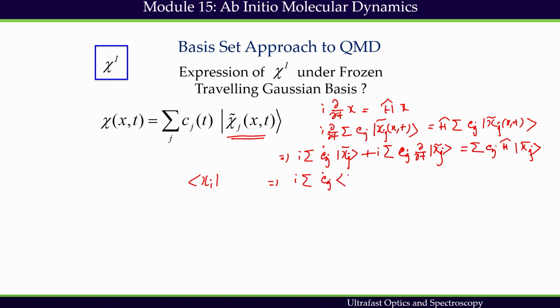We multiply with this chi I, and then this is chi j, plus I cj then chi I first derivative of chi j, equals summation of cj then this is chi I h chi j.